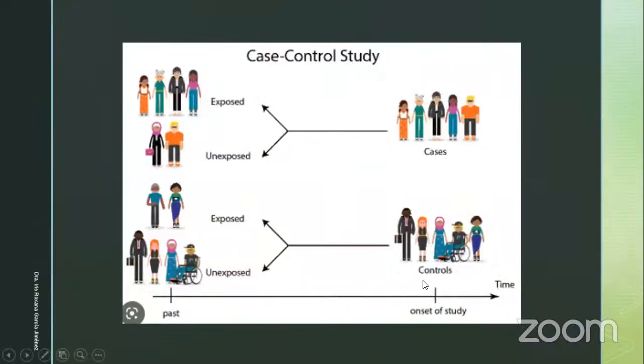In this picture, we can check the cases, exposed and unexposed. We have the past time for exposed and unexposed, the onset of a study, the moment when we decide to start our studies, and then go back to the past and divide the groups in order to organize our information and get into conclusions.